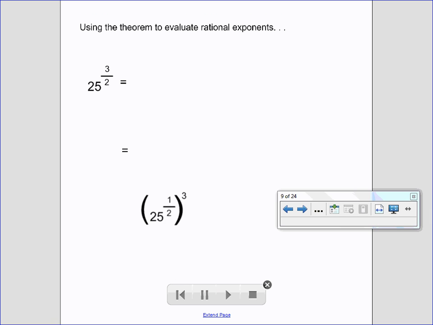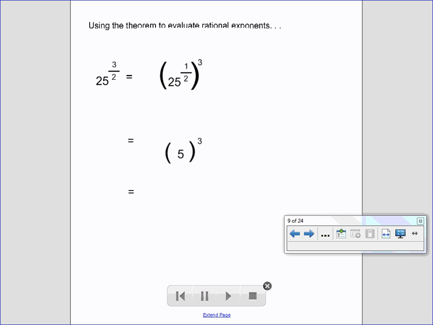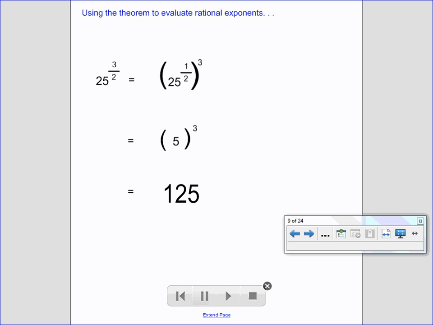Let's take a look at our page recording. So first we're going to apply that denominator as the 1/2 power to my base. So 25 to the 1/2. What's that? Well, that's the square root of 25, which is 5. And then we'll raise to that numerator exponent second. So we'll raise that to the 3rd power. Go to your half sheet. 5 to the 3rd is 125. There it is.